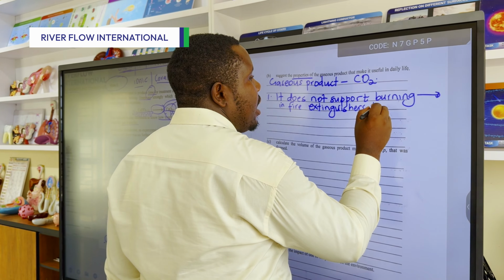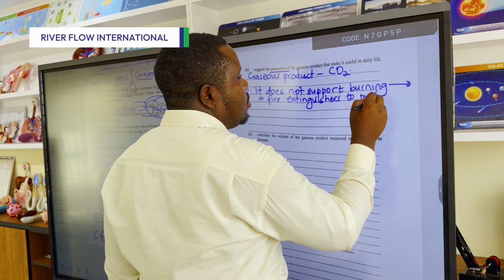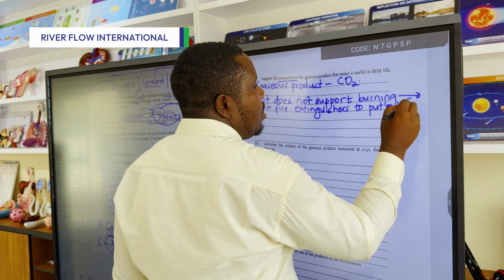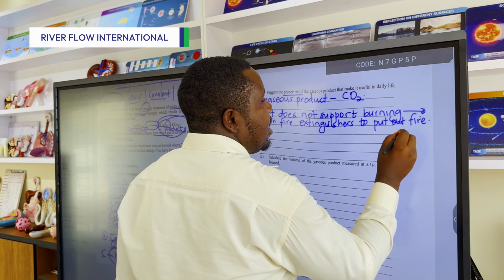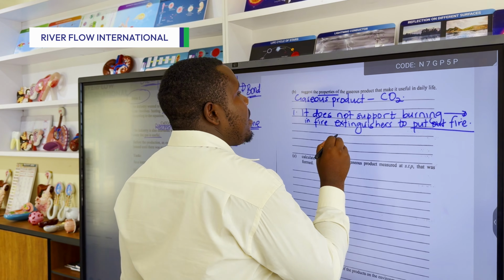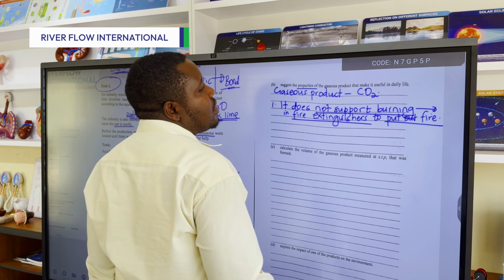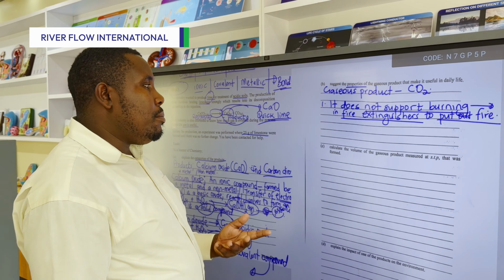To put out fire, or to extinguish fire. So where is the use in daily life is putting out fire. The property is not supporting burning, and therefore it is used in extinguishers.